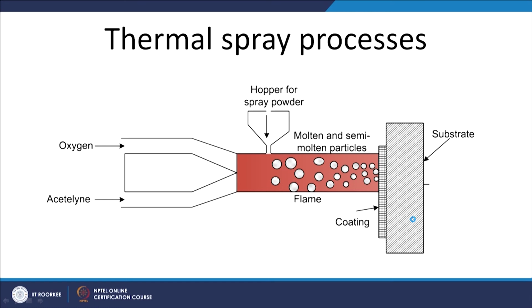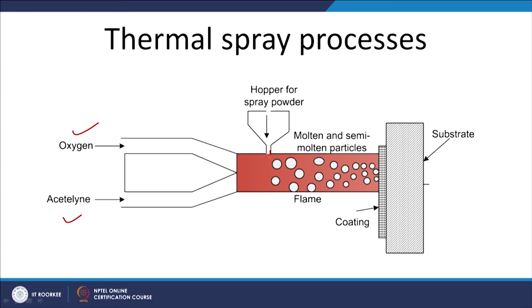Now, this is the schematic of the flame spray process, wherein we use oxygen and acetylene separately. Both are fed in the chamber where this flame is produced, and in the flame before getting outside the nozzle, we feed the spray powder or the feedstock material in the form of powder through the hopper.